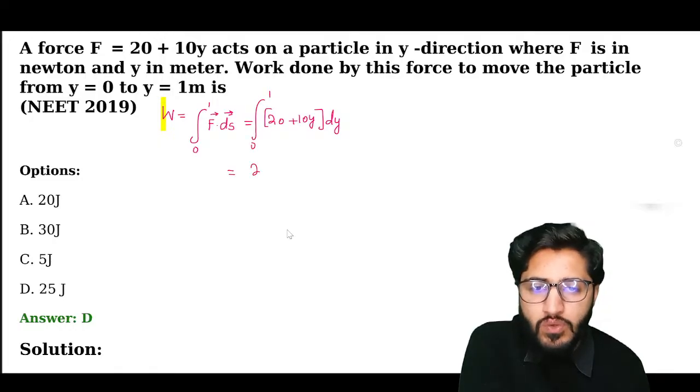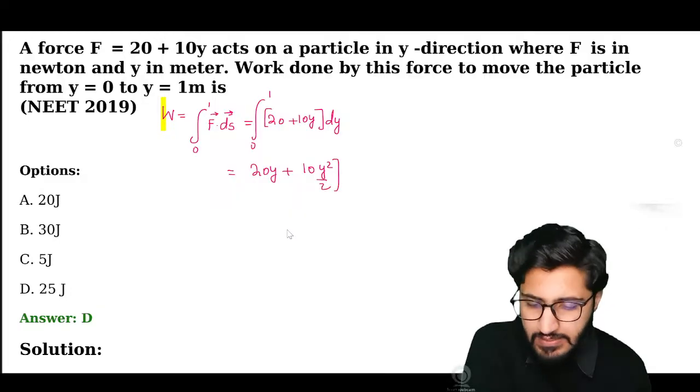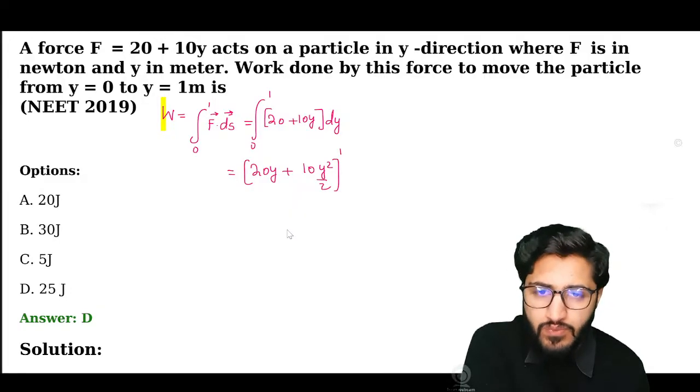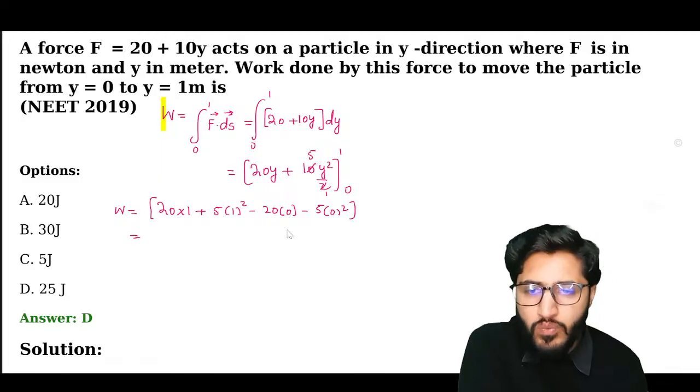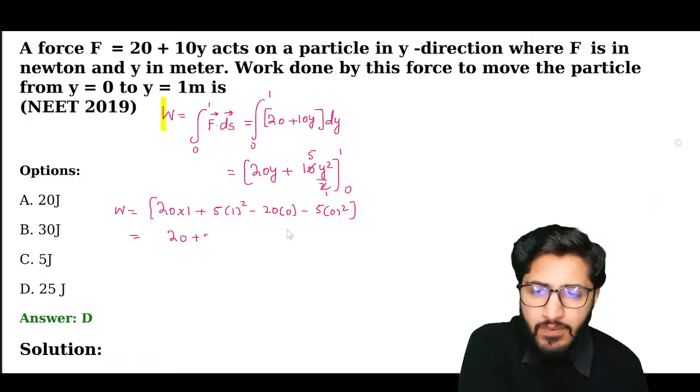Integration of 20 would be 20y. Integration of 10y would be 10y square by 2, which is 5y square. The limits are 1 and 0. So the work done is 20 into 1 plus 5 into 1 square, minus 20 into 0 minus 5 into 0 square. 20 into 1 is 20 plus 5.